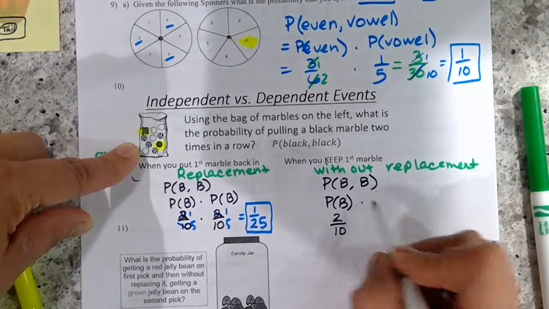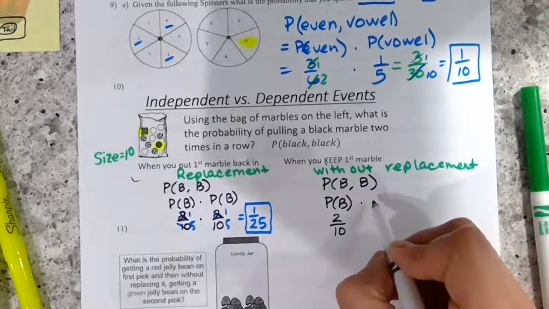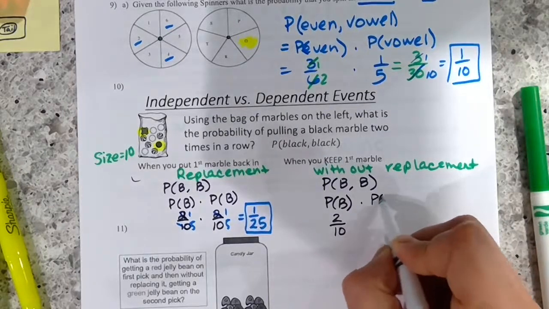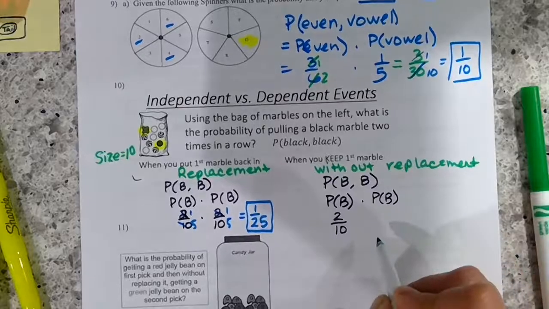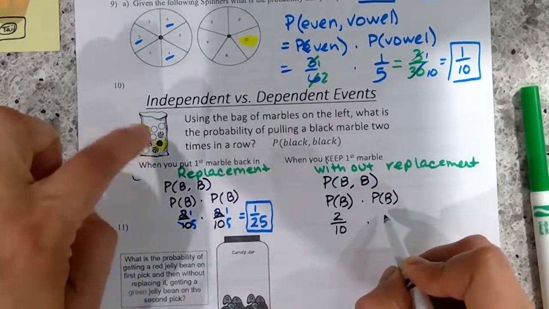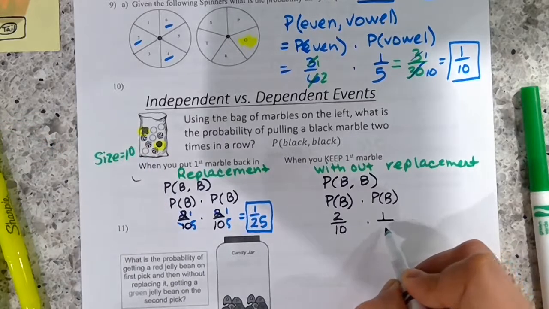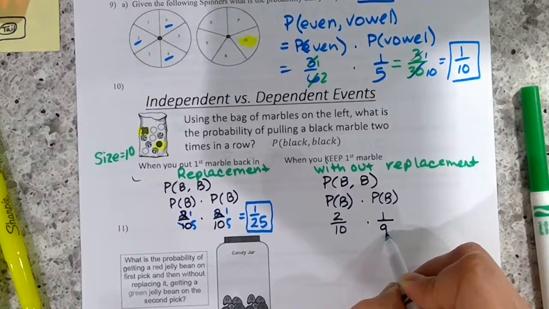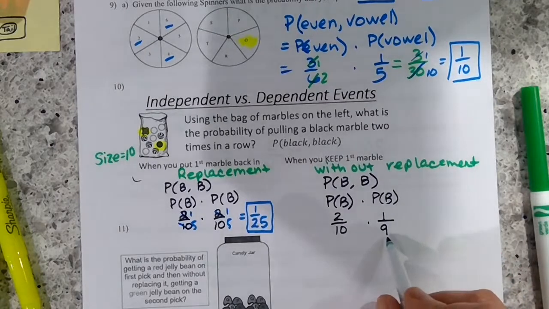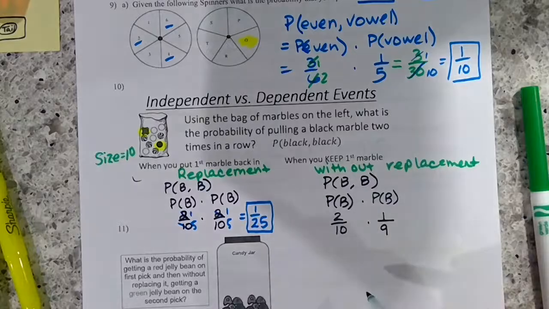Now, you've already gotten 1 marble. So the probability that you would get another black marble, let's say you did get the black, is now there's 1 left in there. And how many marbles are now in there? 9. So that's the tricky part right there, is that the first time it was 2 out of 10 probability.